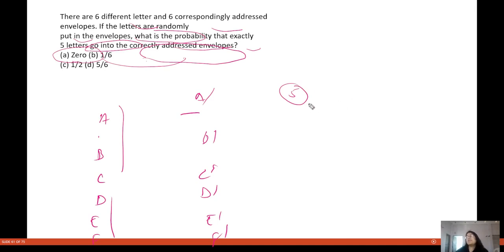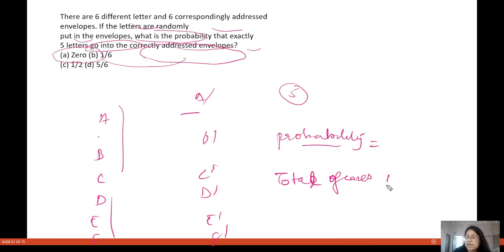See, when we are calculating probability, what we are doing exactly is the total number of cases possible divides the number of cases given in the condition.